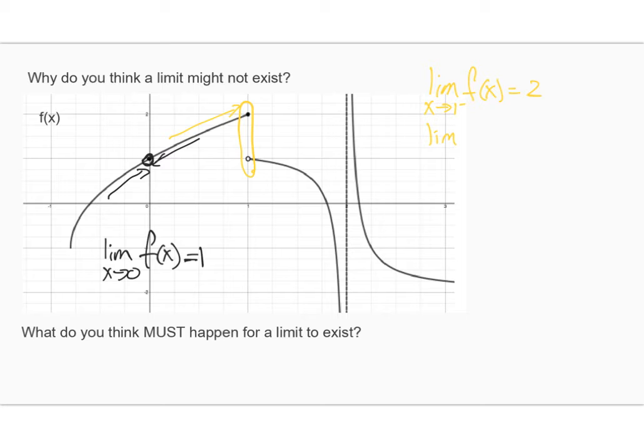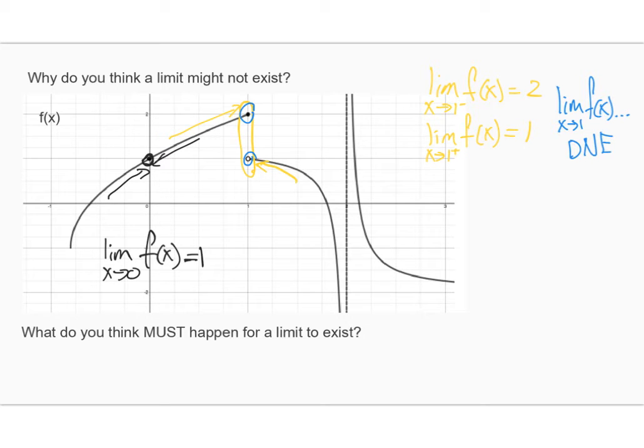The limit as x approaches 1 from the right of f of x is equal to 1. But if I asked you to actually tell me what the graph is approaching as we got close to 1, so the limit as x approaches 1, we can't say anything because we have to decide between these 2 values. And since there are 2 different answers that could be, this limit does not exist.